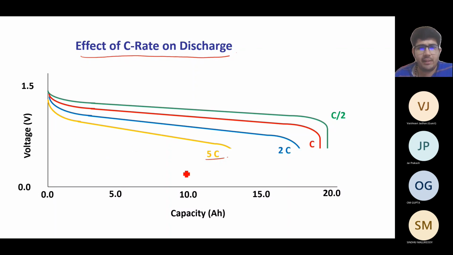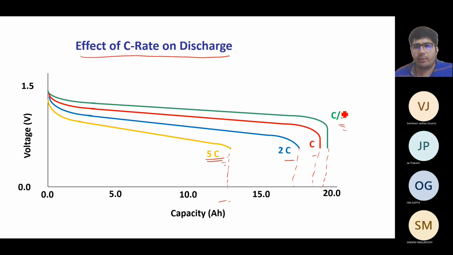Its capacity, as compared to 5C, 2C, C and C by 2: 5C can hold less capacity as compared to 2C, as compared to C, and as compared to C by 2.